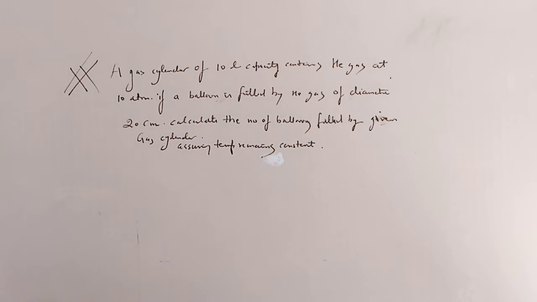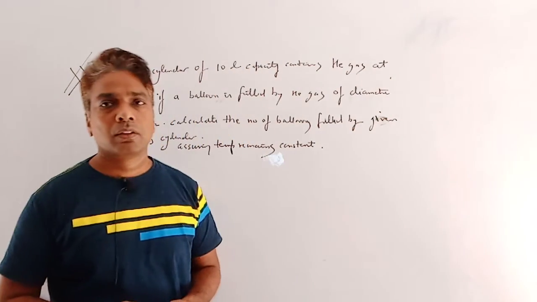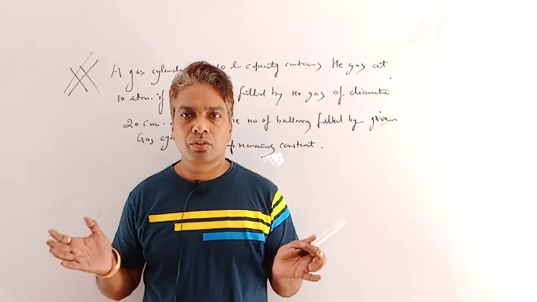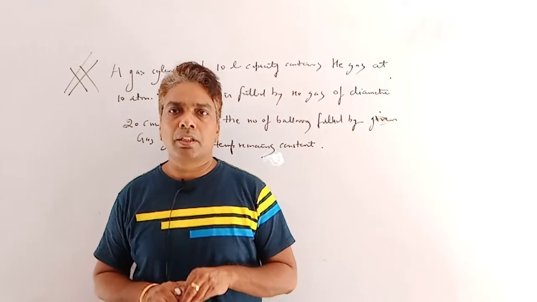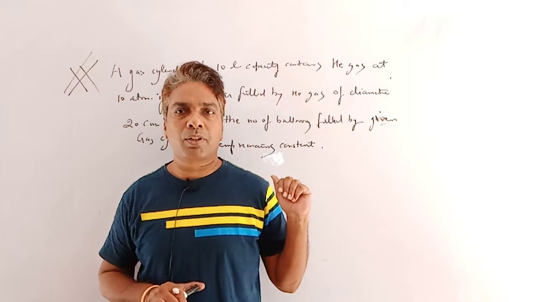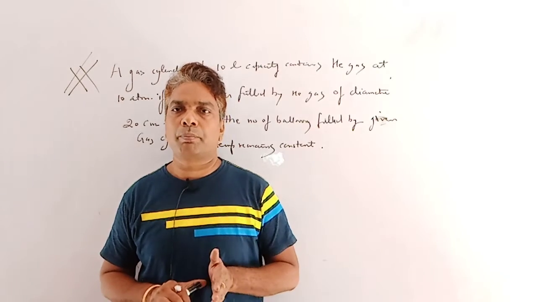So if gas is leaked out from the cylinder to the atmosphere, the volume of gas is increased, since in the cylinder the gas is compressed at 10 atmospheric pressure and in the surroundings it will be 1 atmospheric pressure.